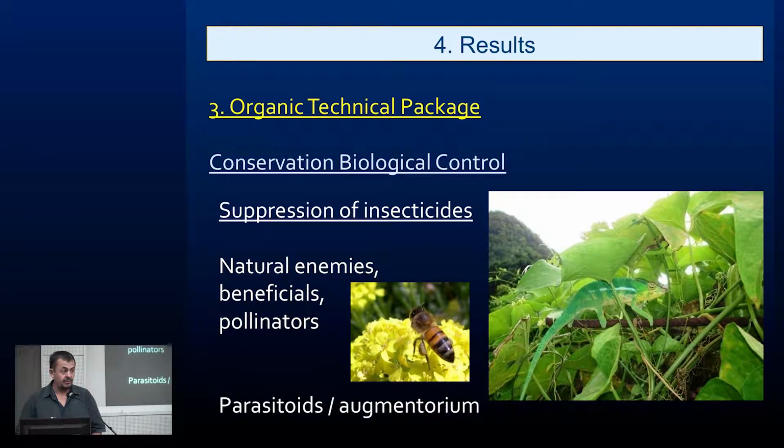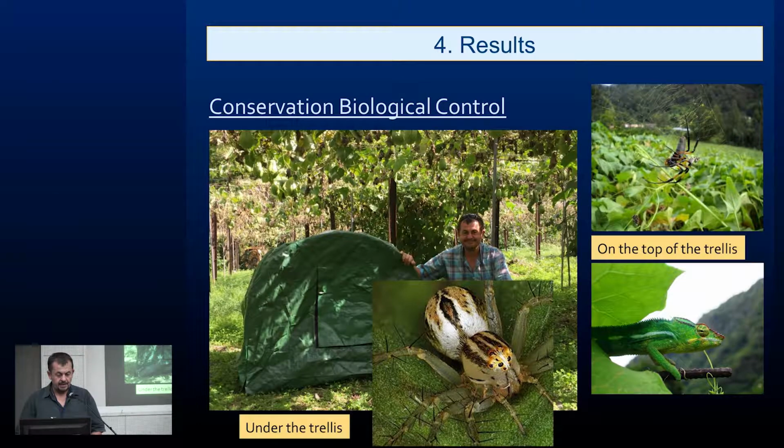And of course, you also have, by the use of augmentoriums, the increase of the population of parasitoids. For example, in this picture, you can see that under the trellis of chayote, on the soil, you can have a high population of spiders, for example.